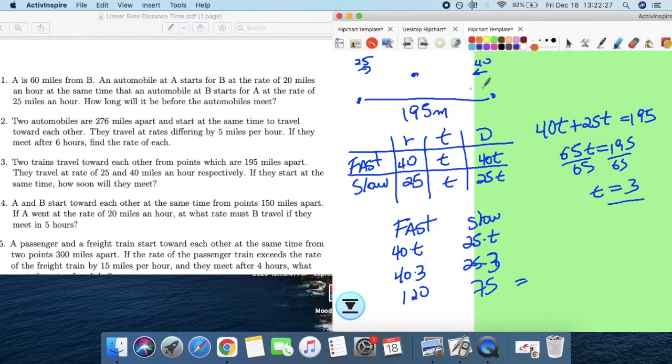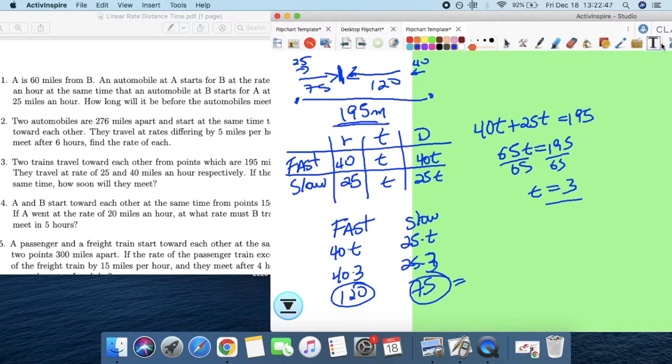So the faster train traveled 120 miles and the slow train traveled 75 miles, and they met right here. If you add 120 plus 75, does that give us our total distance of 195? Yes, it does. So again, you can take that step to verify your answer.